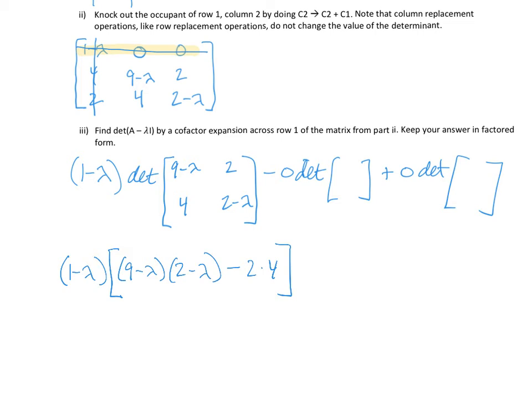Okay, so it says keep your answer in factored form. So I've got 1 minus lambda times, I'm going to multiply this out. I have 9 times 2 is 18. Minus 9 lambda minus 2 lambda is minus 11 lambda plus lambda squared minus 8.